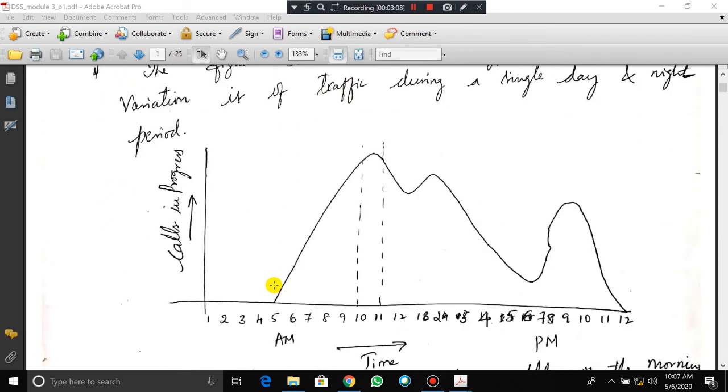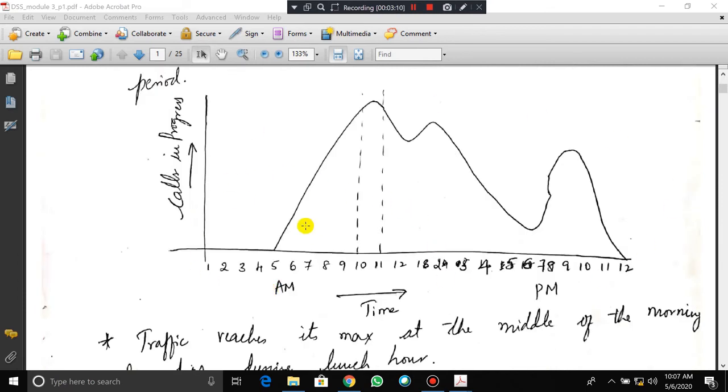Here we have a diagram with the x-axis as time and the y-axis as calls in progress. We have written 1 2 3 4 as the time for 24 hours, 12 hours morning and 12 hours afternoon. The graph shows how calls progress in general, from 5 o'clock in the morning. It reaches a peak at 10 to 11, when people go to the office and start their work, and it starts reducing during lunch time.